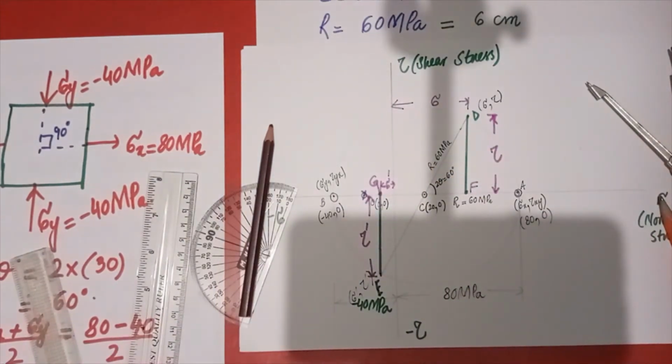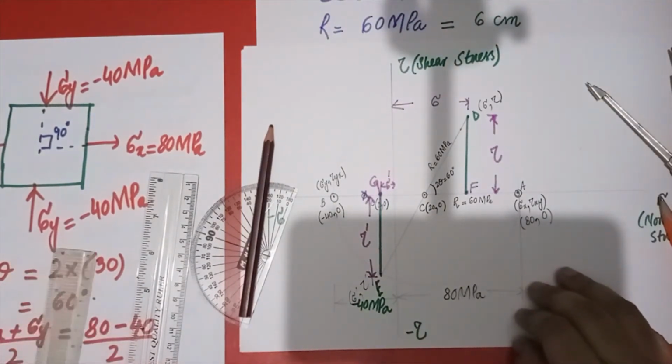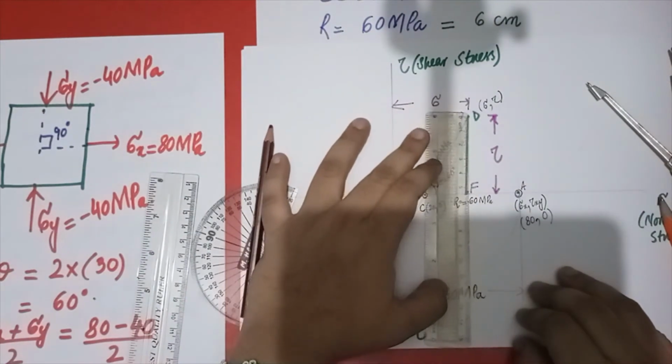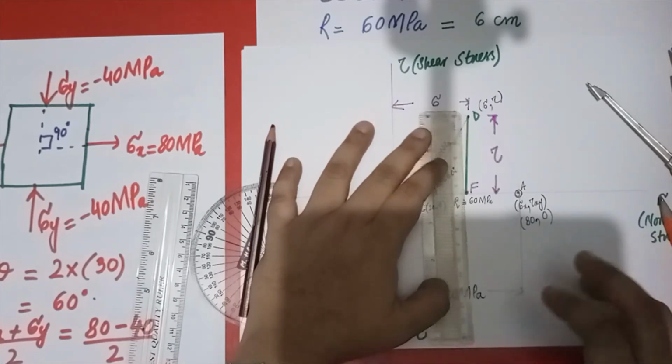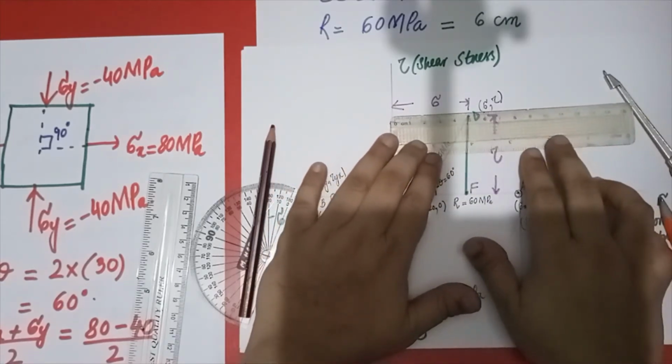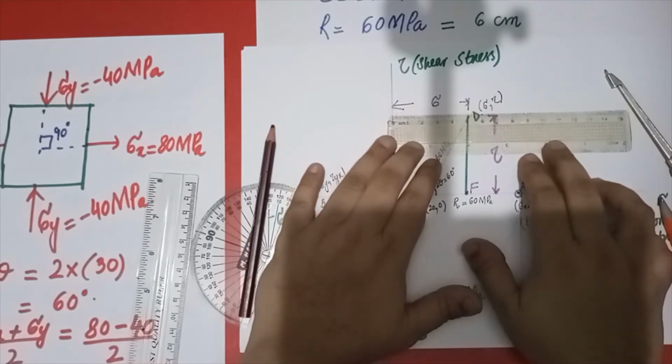So what we have to do here, we have to find it out by applying the coordinates or the formula. How can we do that? I can also simply measure it. For example, if I get 5.2 centimeter, it will be 52. And if I measure from here till here and it comes out as 5 centimeter, it will be 50.